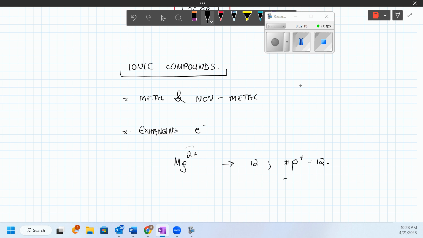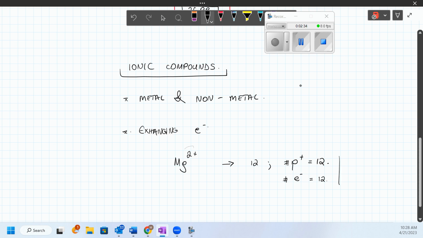And in a neutral situation, those positive charges have to have the same number of negative charges, which means we have 12 electrons in total for magnesium.